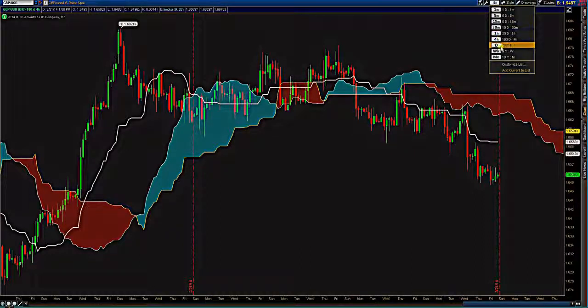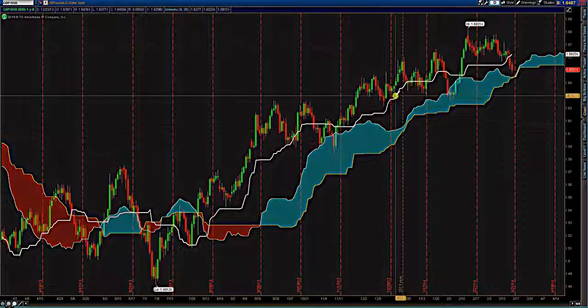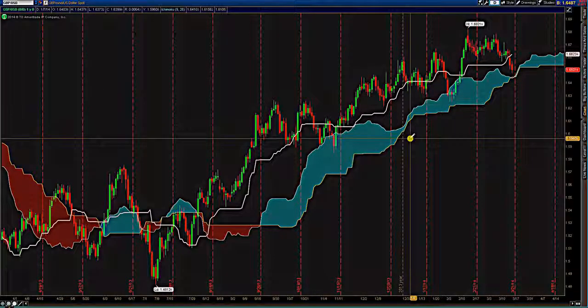I'm going to go to the daily time frame, and with the Kijun, it really acts as a confirmation, support, and resistance, and a trailing stop line. It's one of those indicators that you could use to get in a trade, to get out, for support, and for resistance, just like I said. And let's see if we can find a few examples.